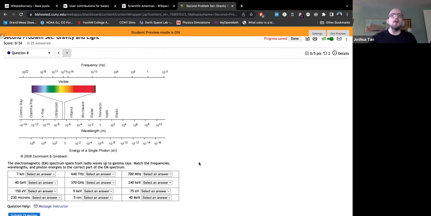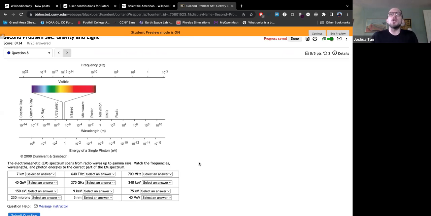And now we have a pretty fun question which asks you to look at all the different forms of light. This includes light that you can see with your eyes and light that you can't see with your eyes. And below here, we've got these measurements of wavelengths and frequencies, and in some cases, energy.